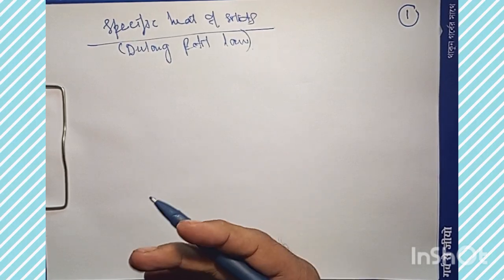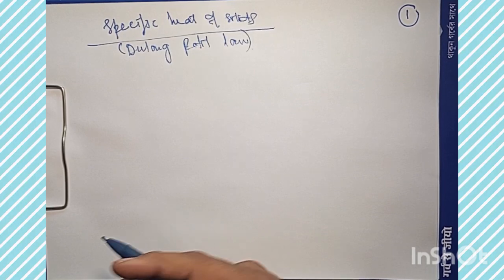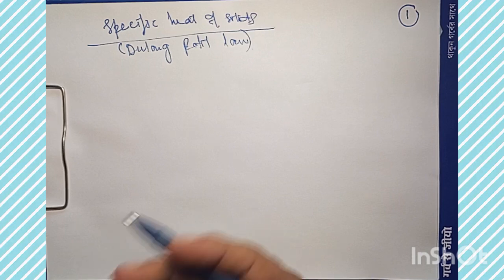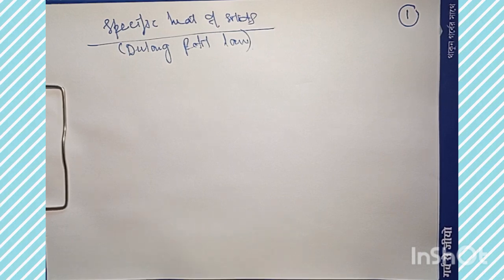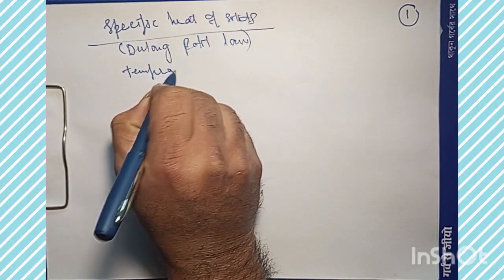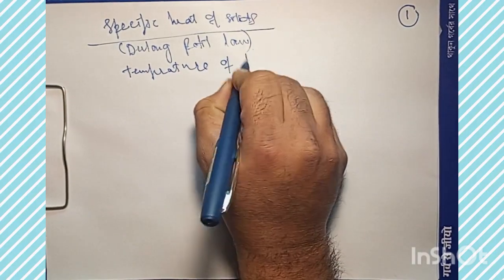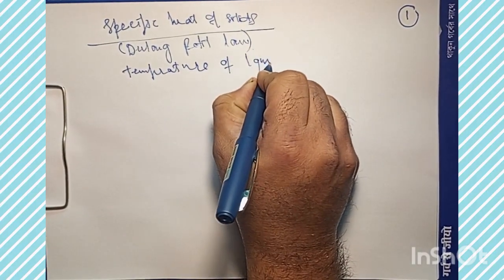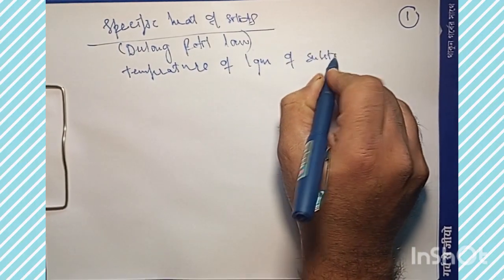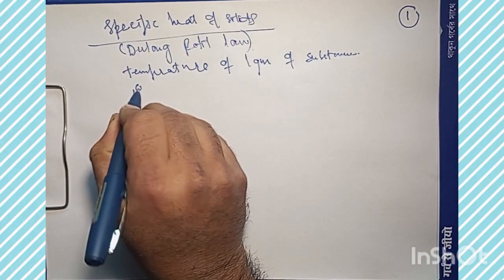What we say is that the specific heat of any substance is defined as that heat which is basically required to raise the temperature of 1 gram of substance through 1 degree Celsius.